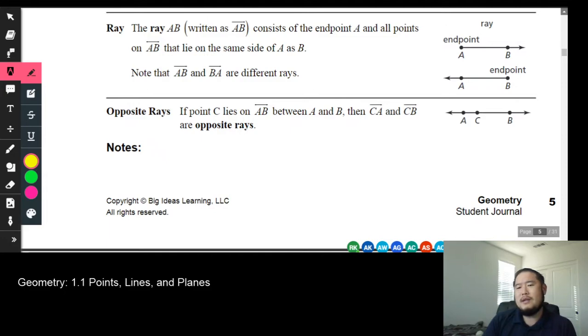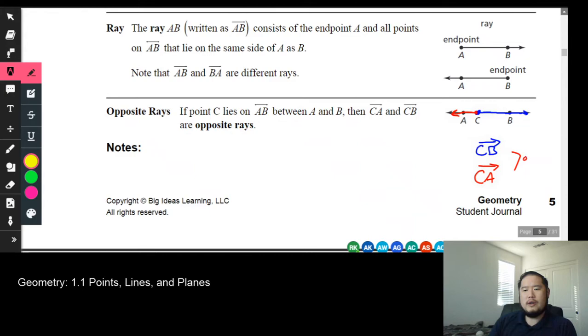We can say that these 3 points are collinear because they are on the same line. For opposite rays, typically we'll start with the point that's in between 2 other points. If I go from C to B, then we can say that ray CB and ray CA right here are opposite rays.